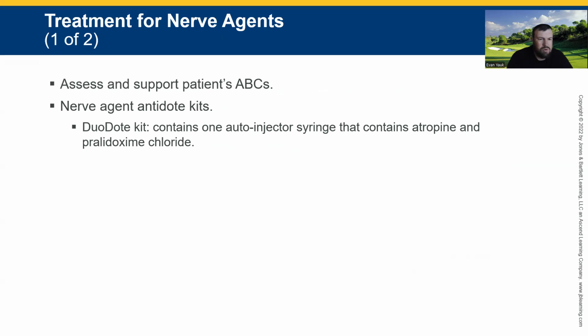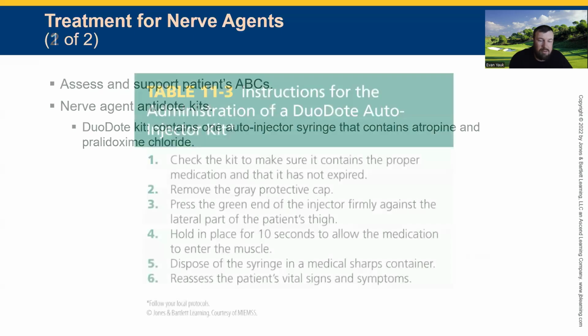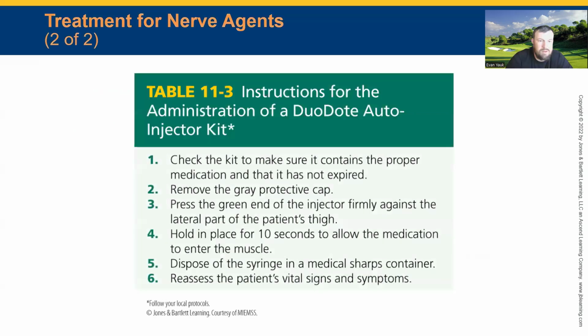Let's see how to treat them. We're going to assess and support patients' ABCs after they've been decontaminated. The DOT kit contains one auto injector syringe that contains atropine and some kind of chloride. Once again, I am not an expert in this.